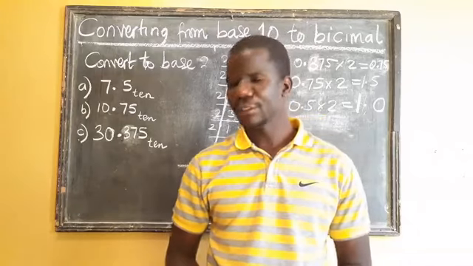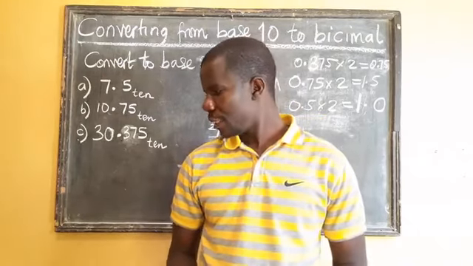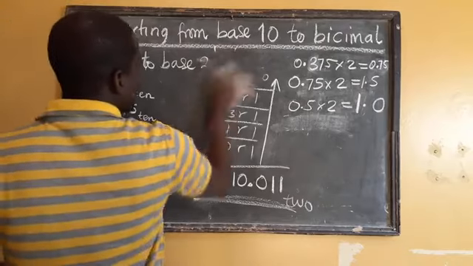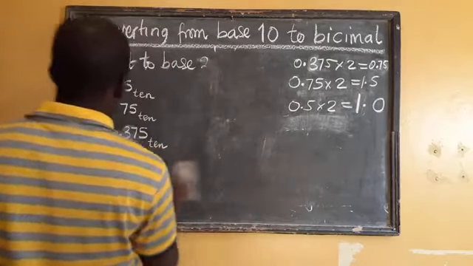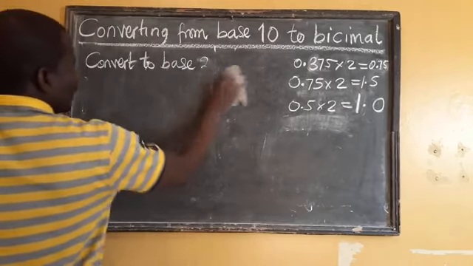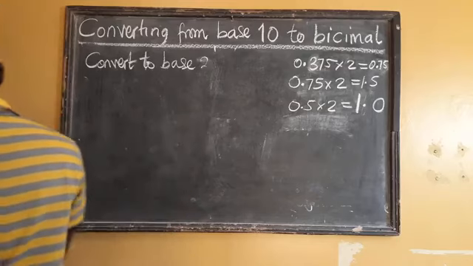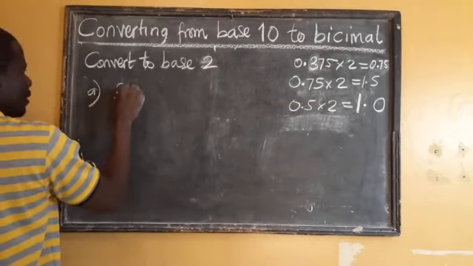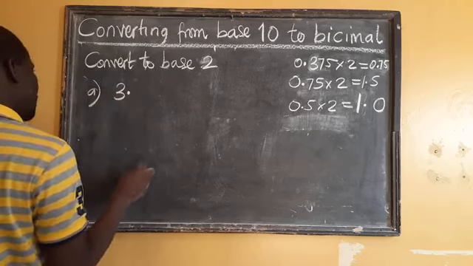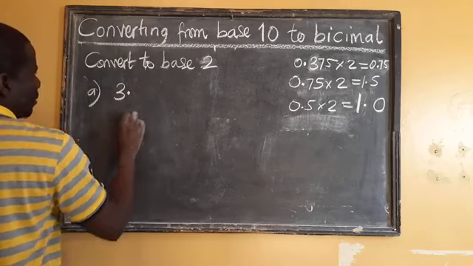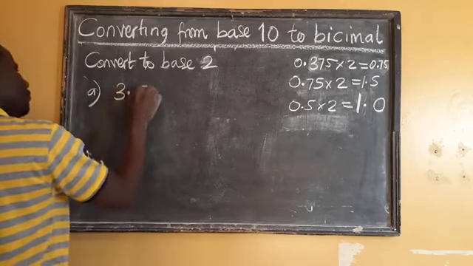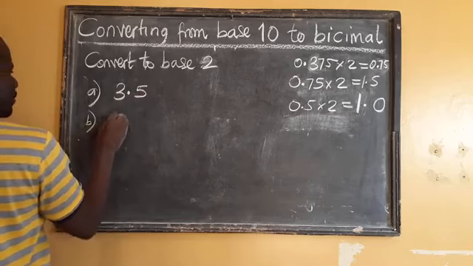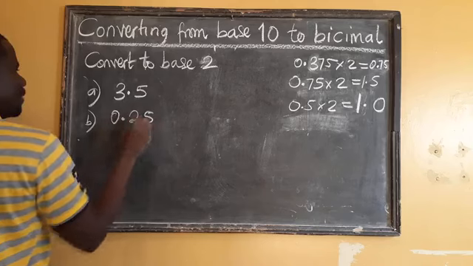So let me give you 3 questions for your exercise. I hope they will be easier for you to do. You can work out a 3 point 5. Then maybe here we can have 0.25.